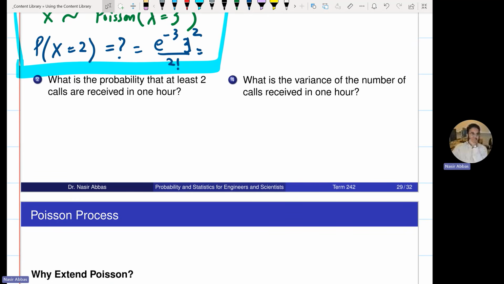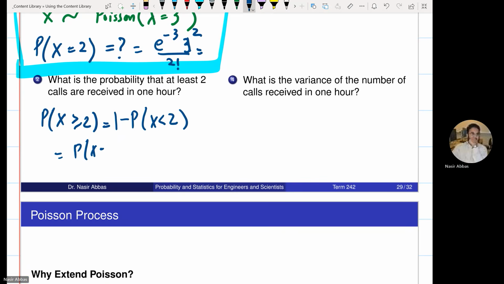What is the probability that at least 2 calls are received in next hour? Can you solve it directly? You cannot, because there is no upper bound of the domain. X equals 2 plus 3 plus 4 plus 5 plus 6 plus 7 plus 8 plus all the way. You cannot solve. Bound to use the complement. So this will be 0 and 1.